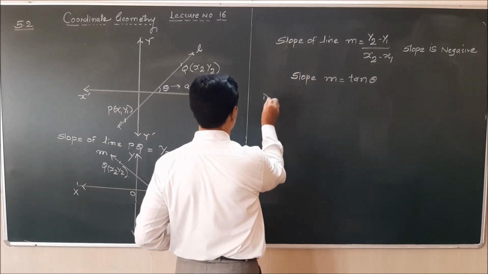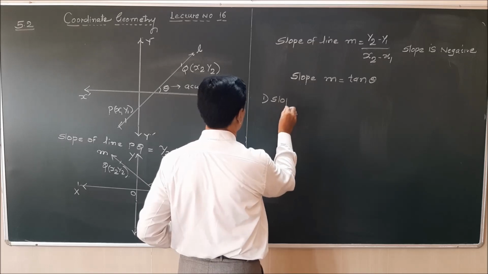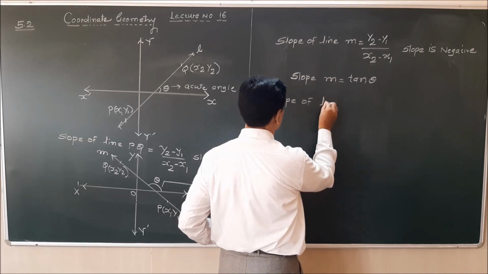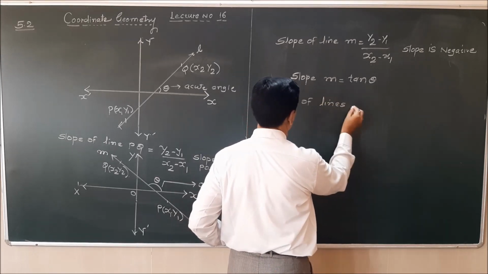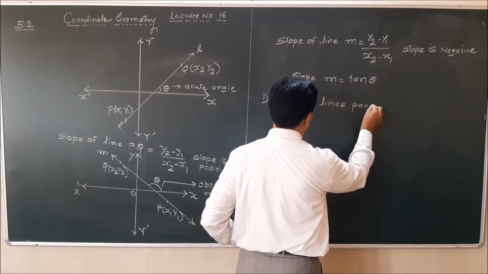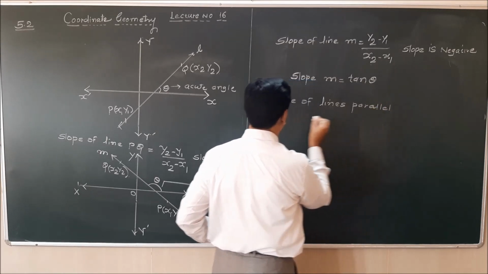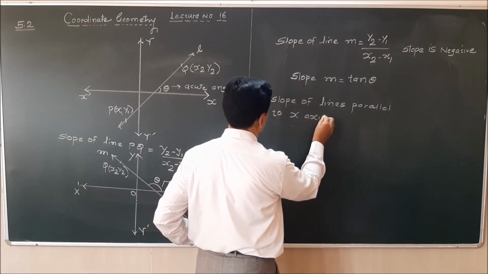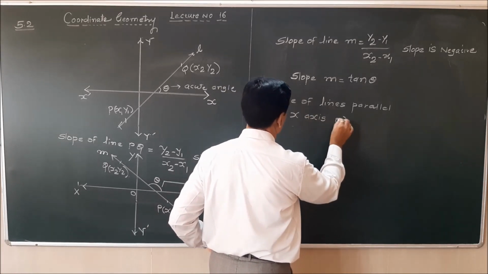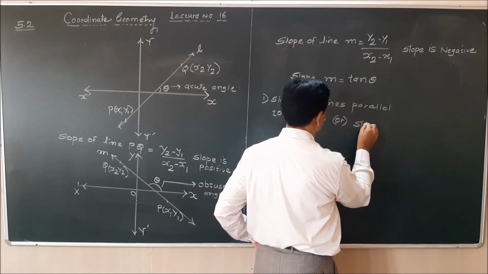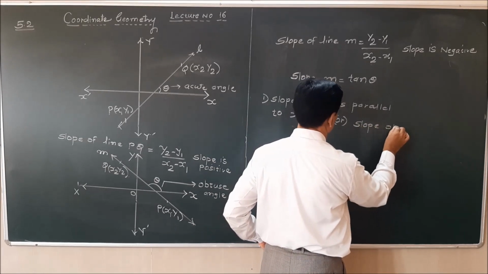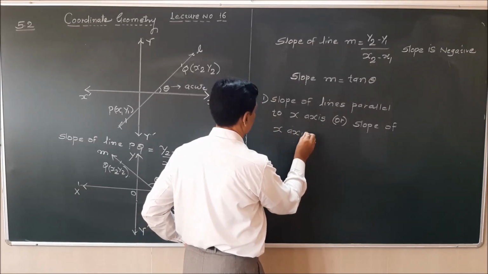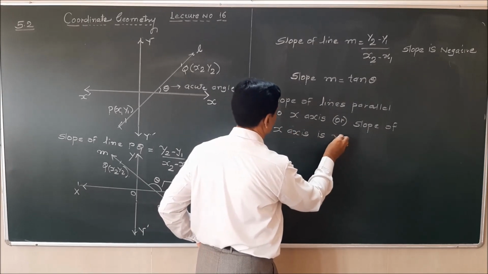So, the slope of lines parallel to the x-axis, or the slope of the x-axis, is 0.